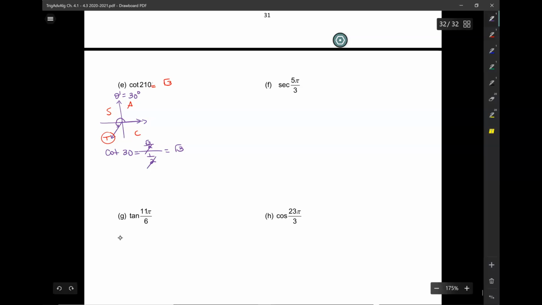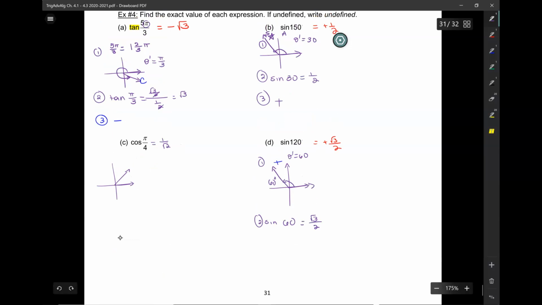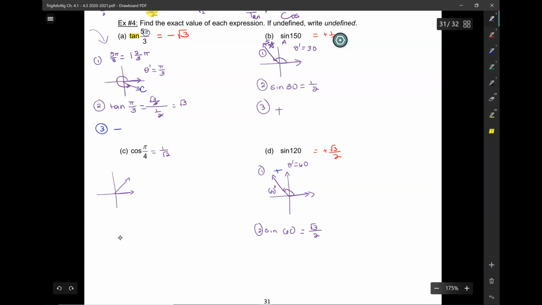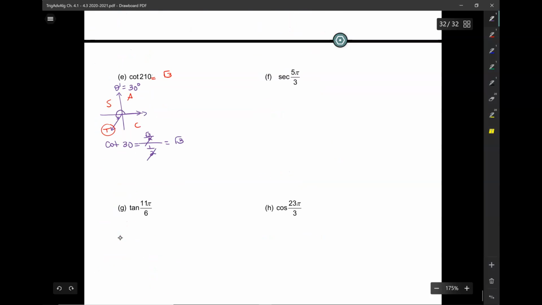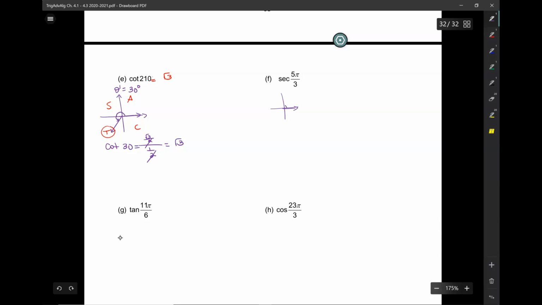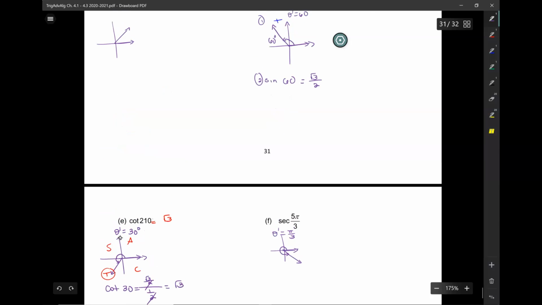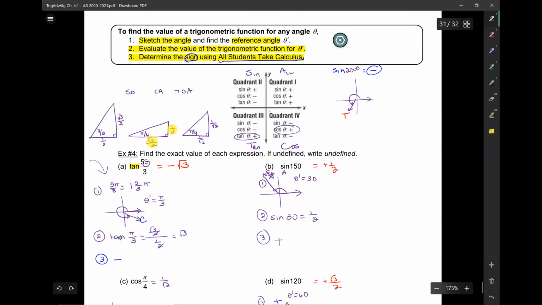Okay, next I have secant of 5 pi over 3. So look, I had already done 5 pi over 3 right over here in part A. And I had said that 5 pi over 3 was in the fourth quadrant and that theta prime was pi over 3. So if you already know that from one problem, you could just reuse it. Okay, secant, I'm going to use the first triangle for pi over 3.